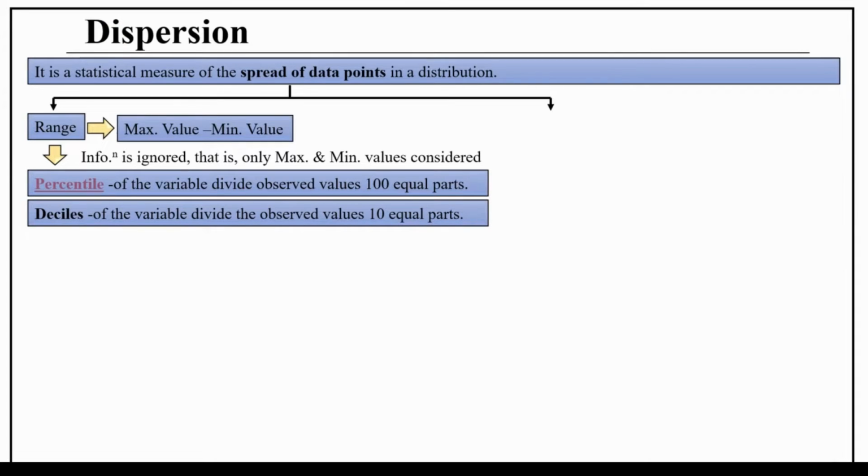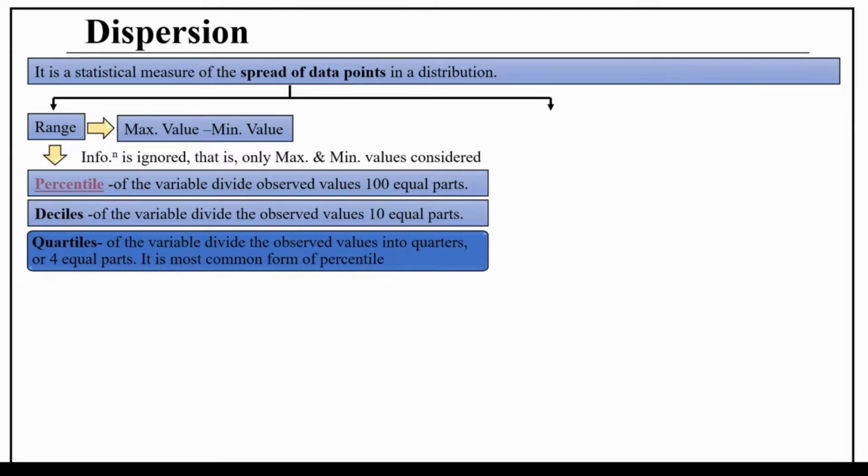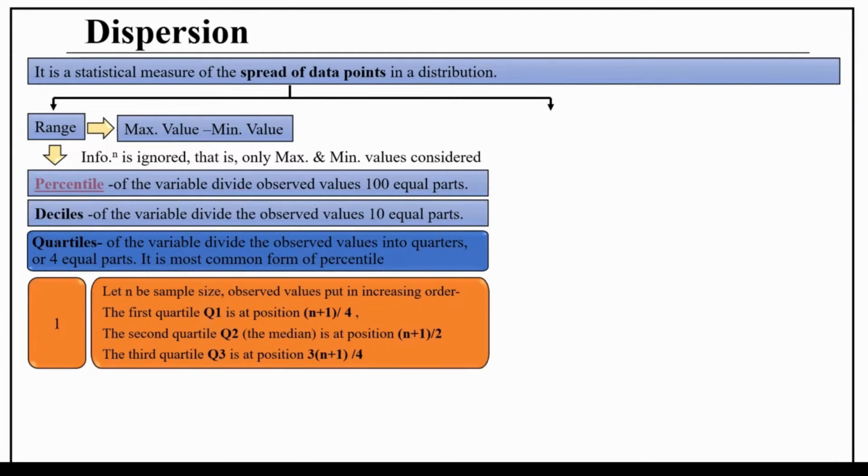Now let's understand decile. Just like percentile, decile is a variable which divides the observed values into 10 equal parts. Similarly, quartile is a variable which divides the observed values into 4 equal parts. Let n be the observed values in increasing order. The first quartile is at position n plus 1 divided by 4.